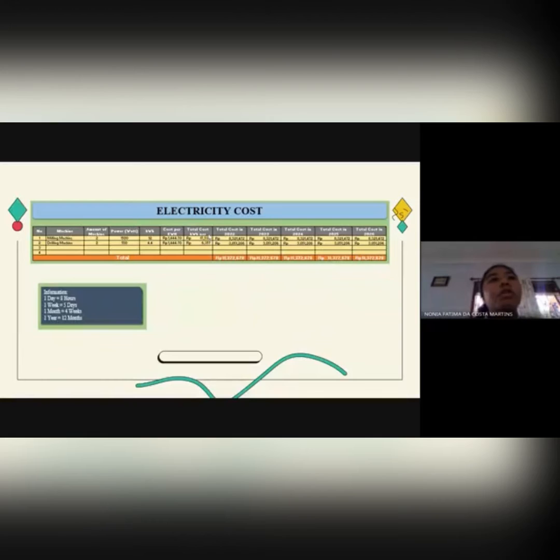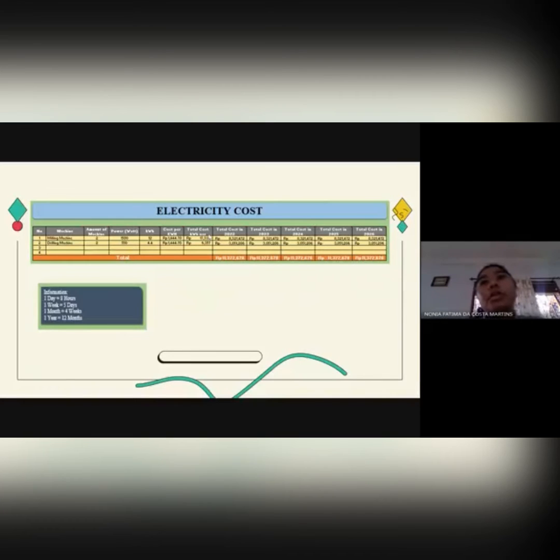So in electricity cost, the machines that we use are a milling machine and a drilling machine. The amount of machines is 2. For the total cost in 2022, we got 1,030,000 372,678.